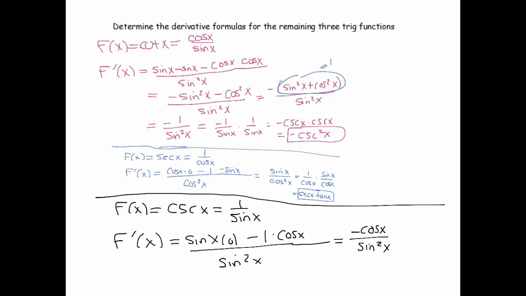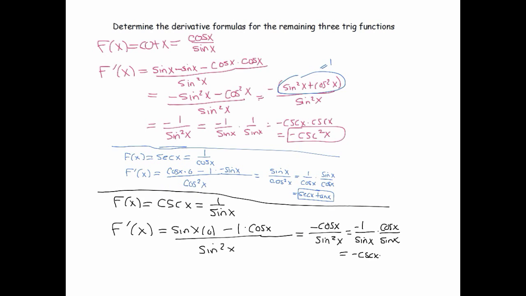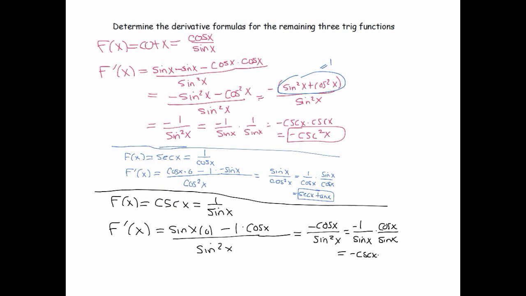And again, the convention is to break this up and write it as negative 1 over sine of x times cosine over sine, which is the same as negative cosecant times cotangent.